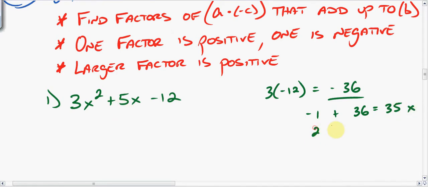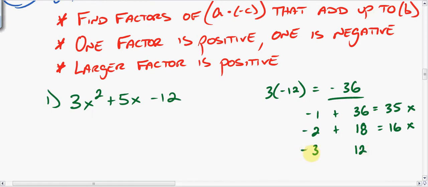So let's go to 2. 2 goes into 36 18 times. Again, larger factor is positive, smaller factor is negative. Negative 2 plus 18 gives us 16, getting closer to 5, but still not what we want. So let's try 3. Does 3 go into 36? It does. 3 goes into 36 12 times.